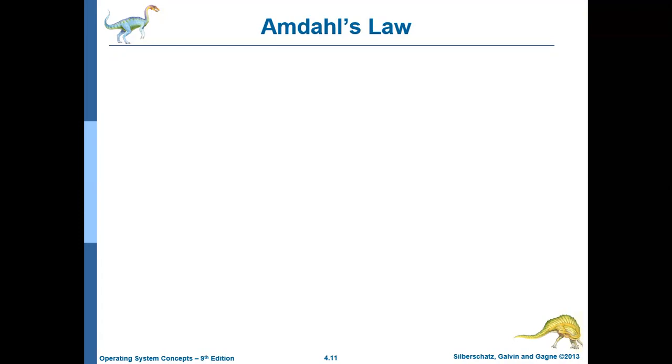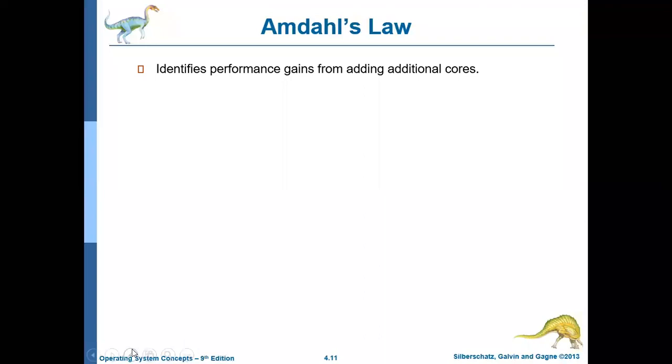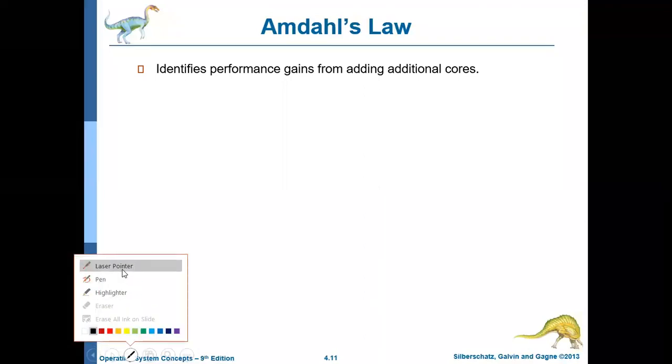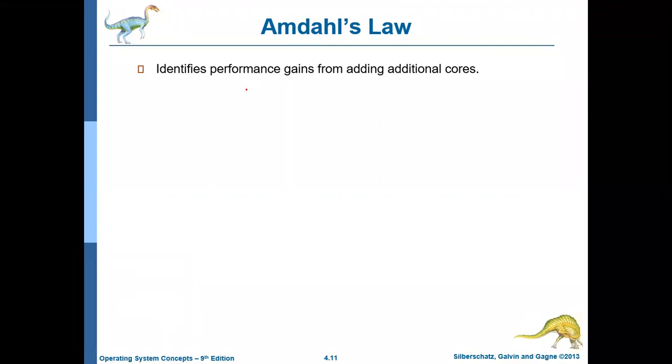Basically, Amdahl's law is used to measure the performance gain from adding more cores to the system. When additional cores are added to a computer, how much performance gain is achieved? That is given by a formula, and this formula is called Amdahl's law.